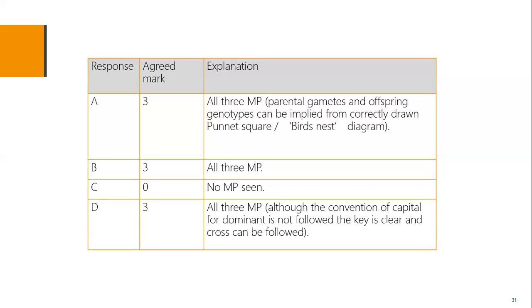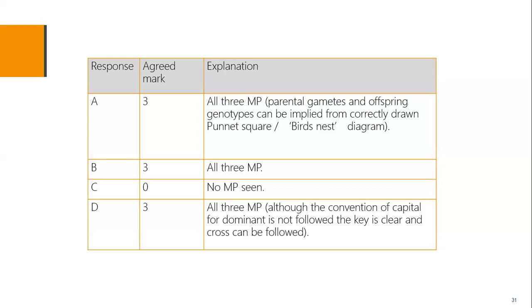It clearly gives the parental genotypes, offspring genotypes. They can be inferred from a correctly drawn diagram, and then it gives the percentage of each type of colour fur. Again, all 3 marks can be awarded.